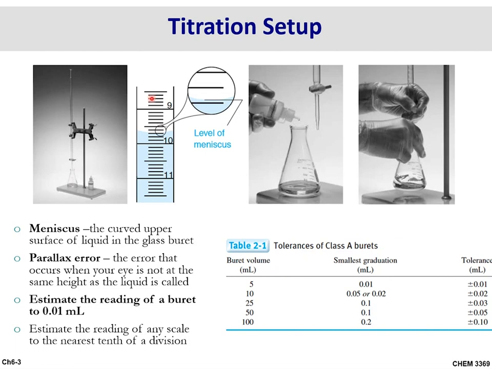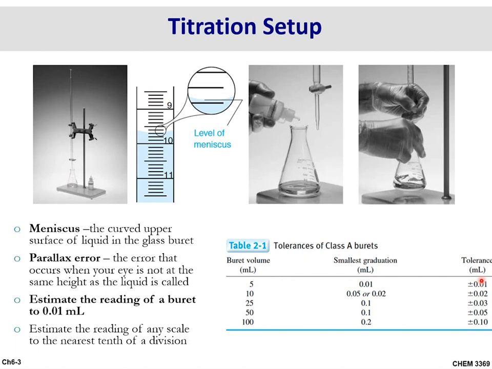These graduations on the class A burettes are certified to meet the tolerances that are given in this table below. Depending on the volume that was delivered from the burette, the tolerance goes from plus minus 0.01 milliliter to plus minus 0.1 milliliter. So as you increase the volume that is delivered from the burette, the tolerance also increases, so that measurement is a little bit less accurate.